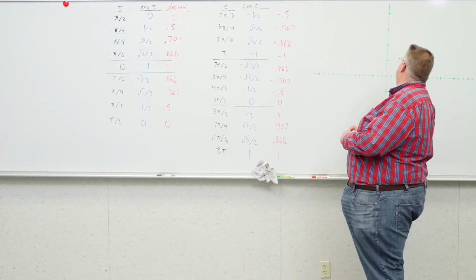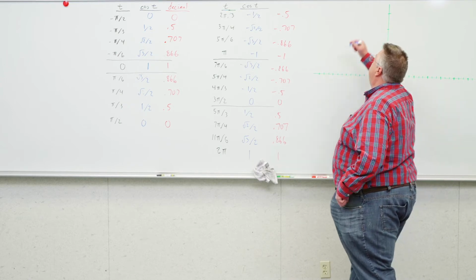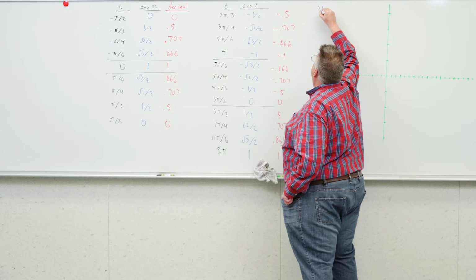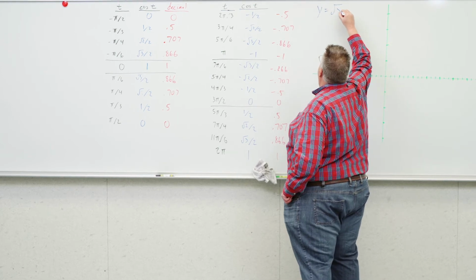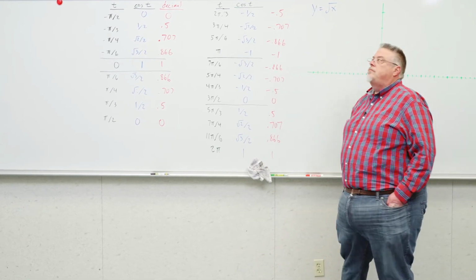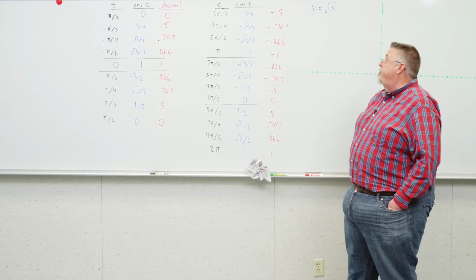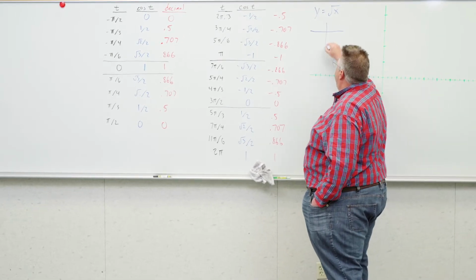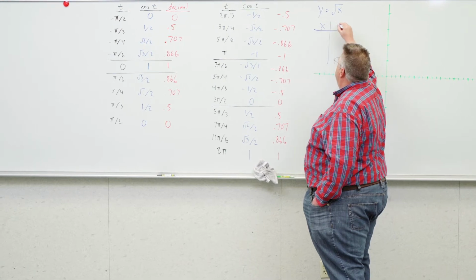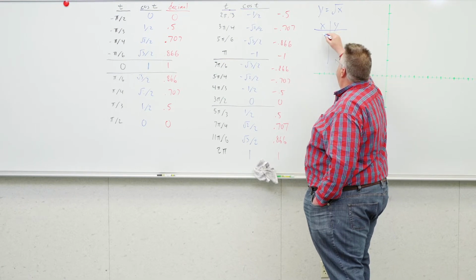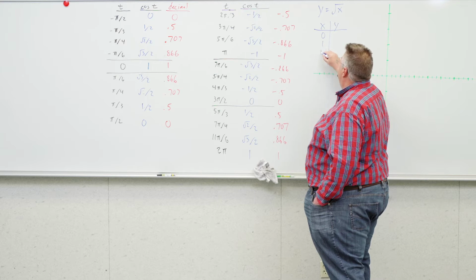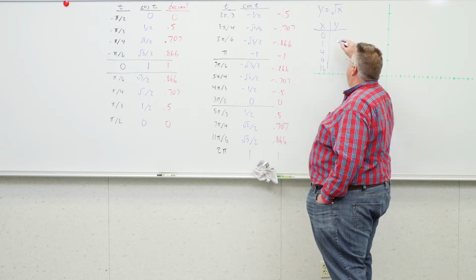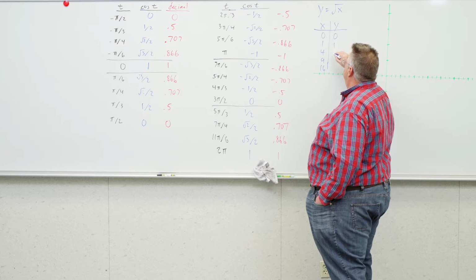Let's suppose you were asked to graph y equals the square root of x, and your teacher gave you the table and had you plug in values 0, 1, 4, 9, and 16. Of course, you got your output values.